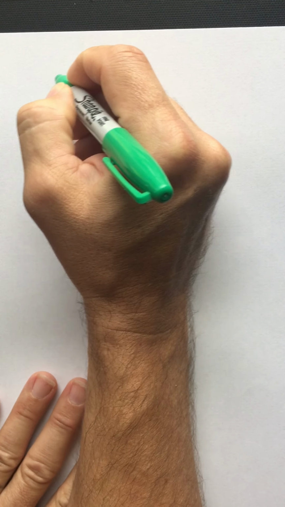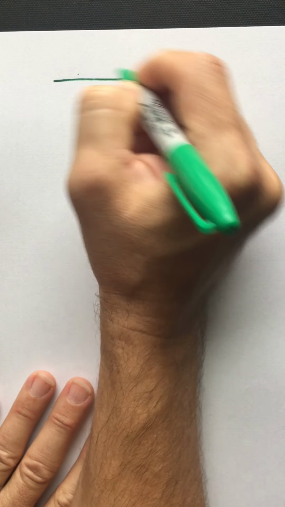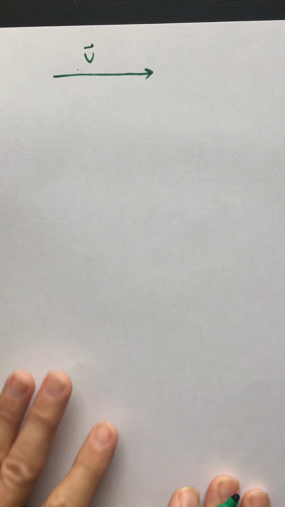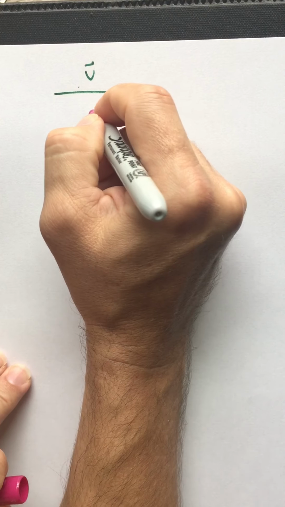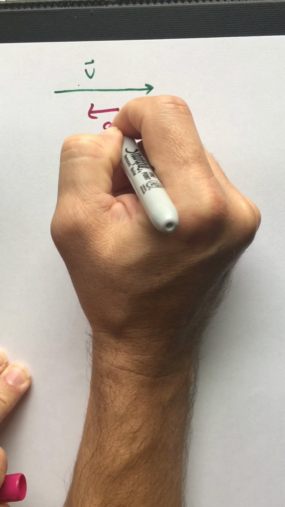All right. More interesting case, maybe, is what happens when they're in different directions. So let me take a velocity vector to the right and an acceleration vector to the left. Well, what's going to happen?